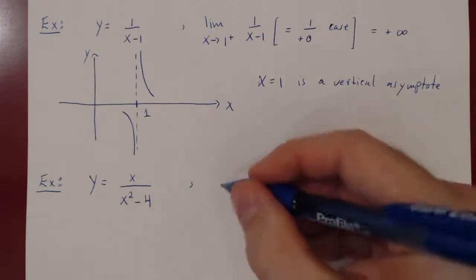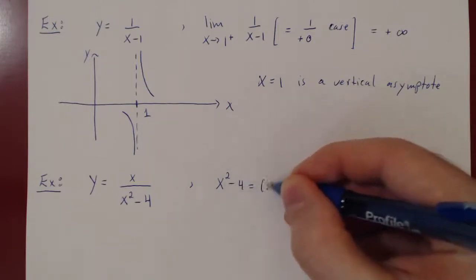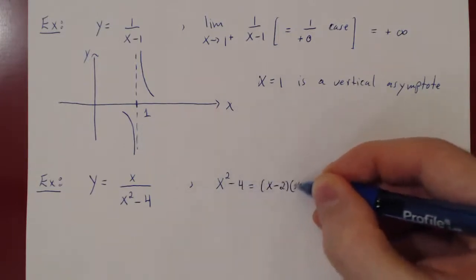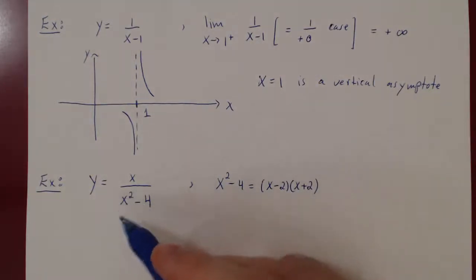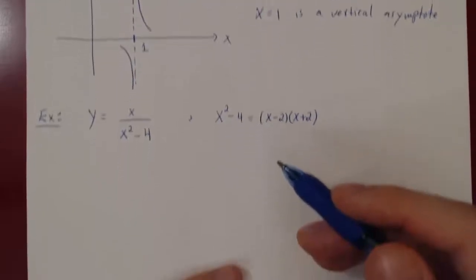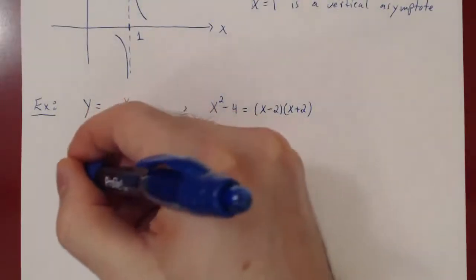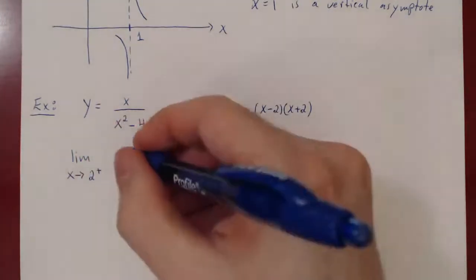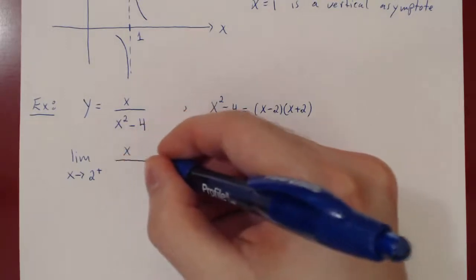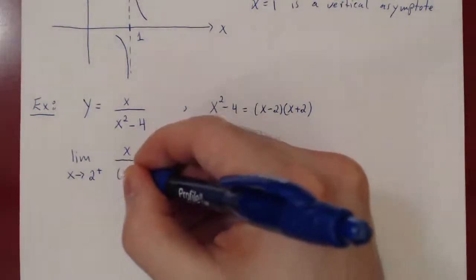Let's factor for a second x squared minus 4 as x minus 2 times x plus 2. And let's consider, say, the limit as x approaches 2 from the right of the function y, which is x over, and here we are going to factor as x minus 2 times x plus 2.